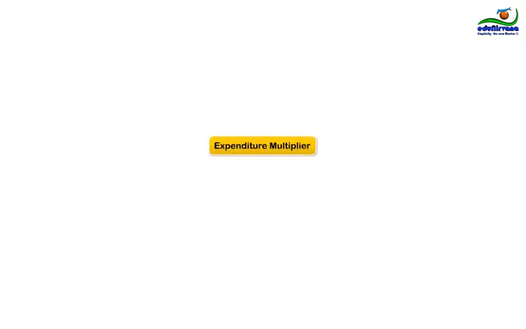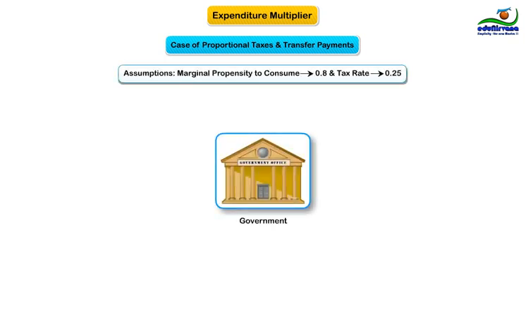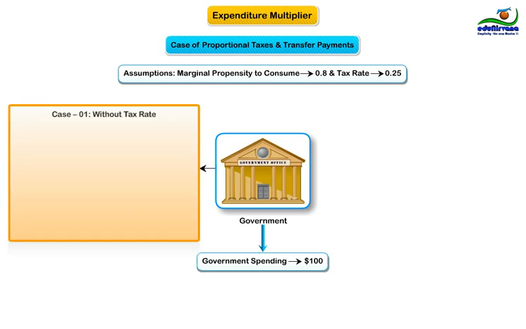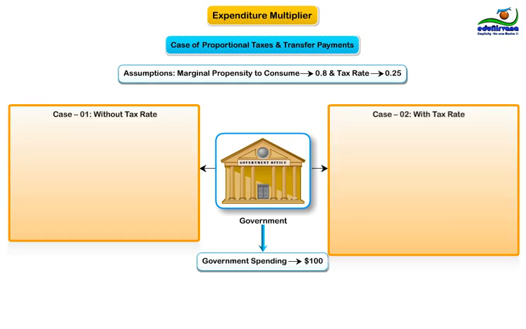Let's see it through one example. Assume that the marginal propensity to consume is 0.8 and the tax rate is 0.25. What will be the impact of an increase in government spending by $100 with and without the tax rate?